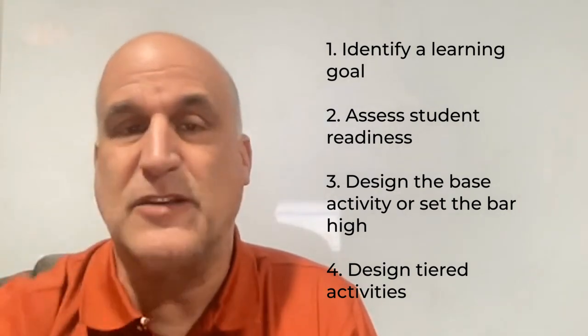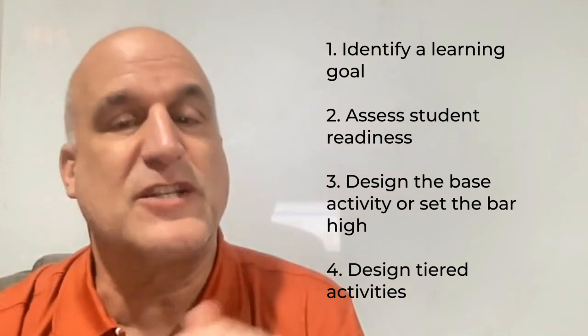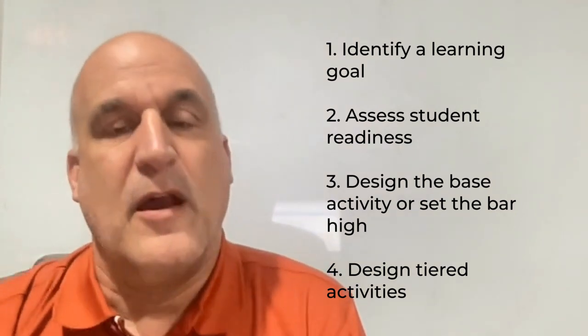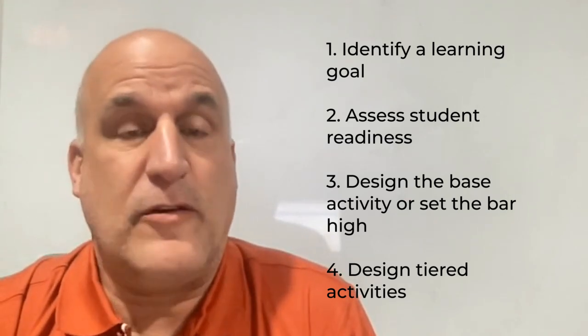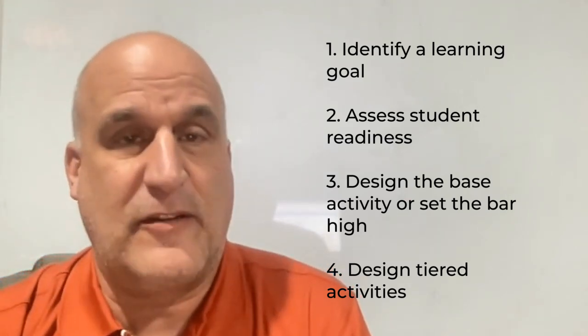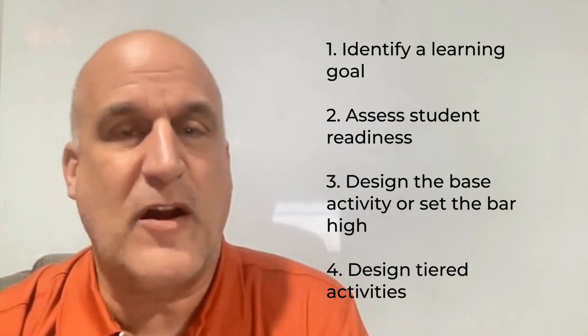But the expectation in this case is that everyone would just get to the base level. Then from this information, because we always want to gather data, you design the tiered activities using one of the 6 methods I talked about.